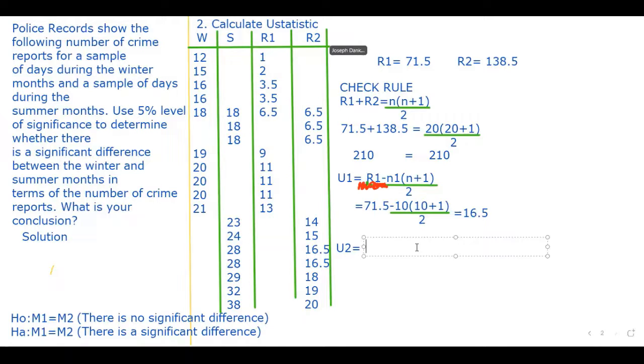So it's 138.5 minus 10 into bracket 10 plus 1, all divided by 2, and I got 83.5.